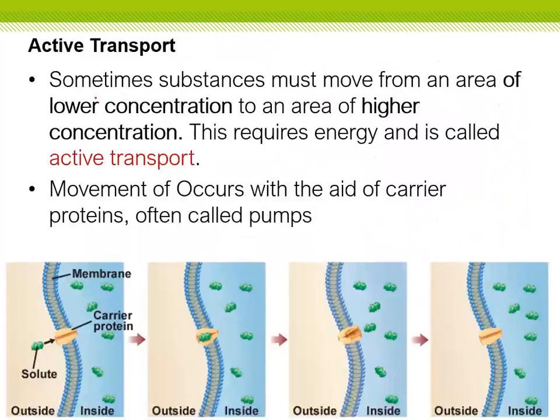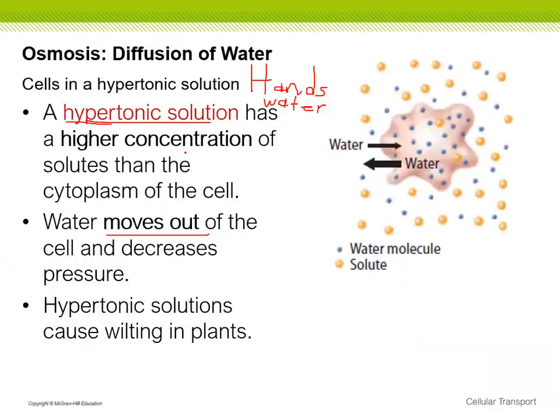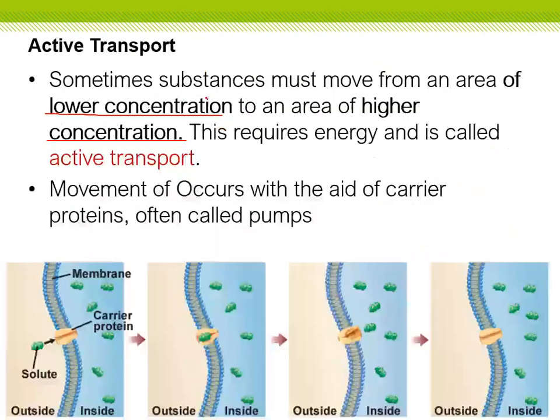So when you have to move from an area of lower concentration to an area of higher concentration, without looking at your notes, which one of those three is that again? Moving from lower to higher. That would be hyper. So this is like with your hands again, from lower concentration to higher concentration.